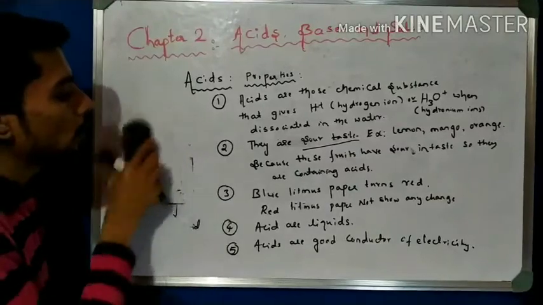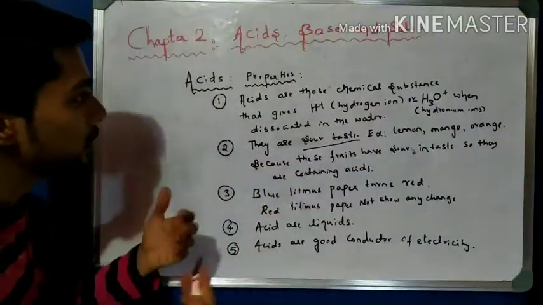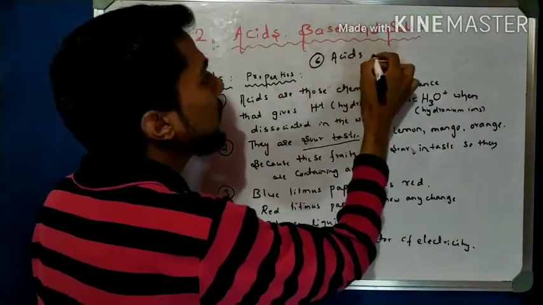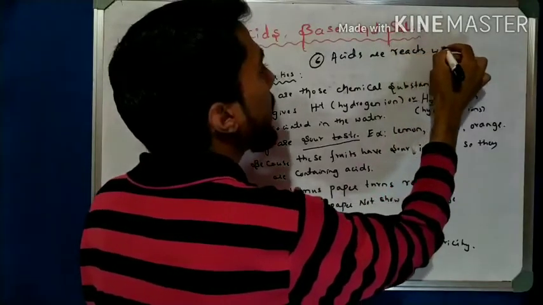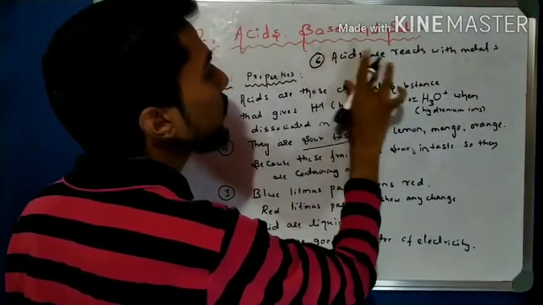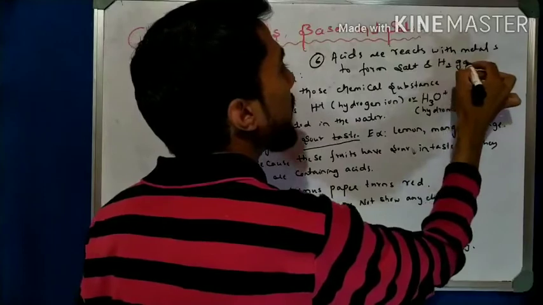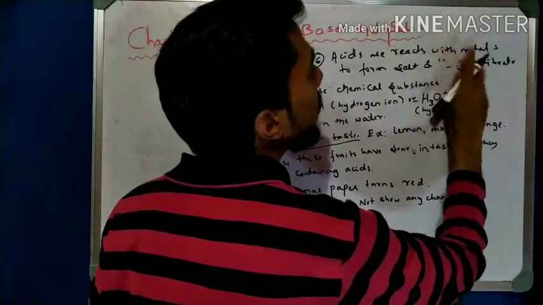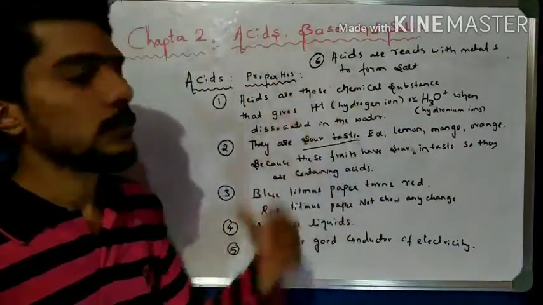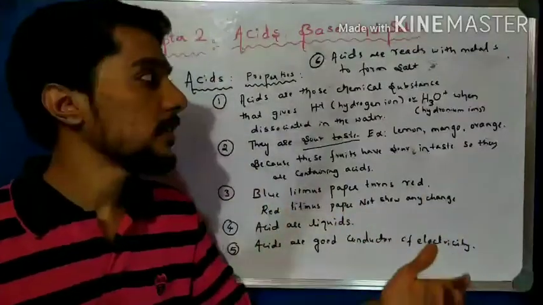That is another property of acids. The last property, which we will learn further in the next videos, the sixth property, is that acids react with metals to form salt, with a gas liberated. Different gases are liberated, such as hydrogen gas or carbon dioxide, in different cases, so it is not mentioned here.